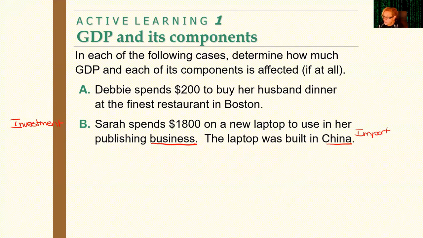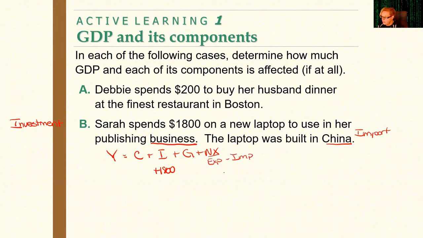So let's take a look at what's going to happen. We have GDP equal to consumption plus investment plus government purchases plus net exports. She's buying it for a publishing business, so I'm going to increase investment by $1,800, right? She bought it from China. Remember, net exports are everything that we sell minus everything we buy from other countries.